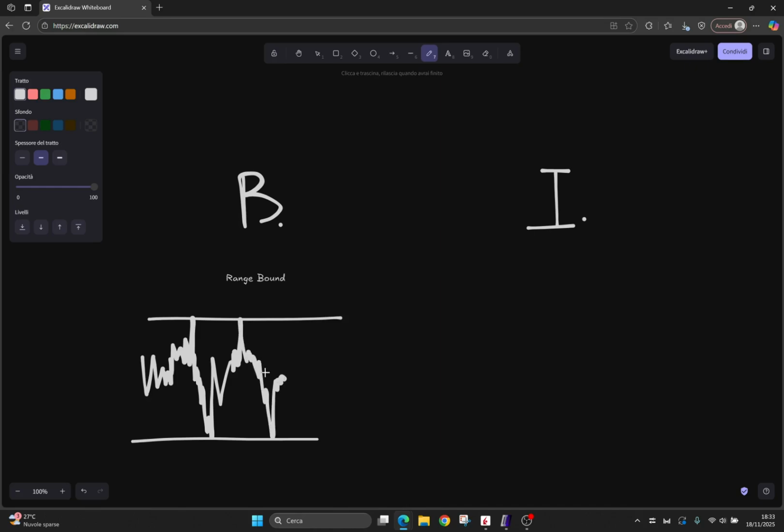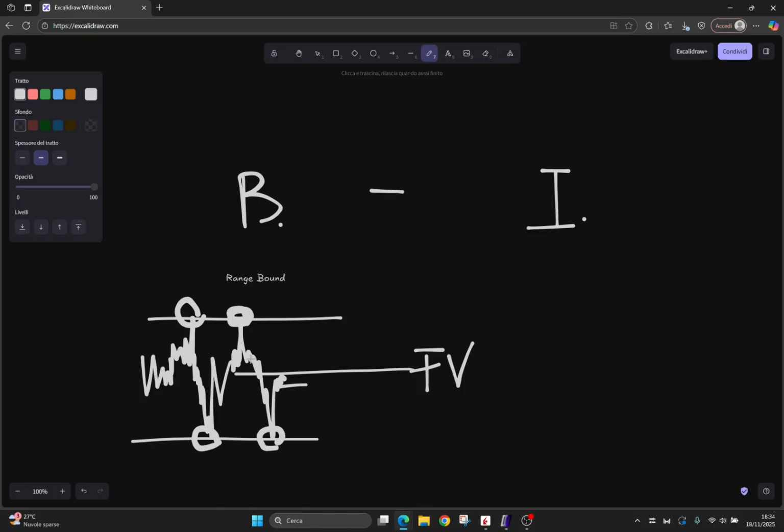What I want to do is not try to get long here and arrive here, because this is the reason why you take a lot of stop losses, guys. What I want to do is buy at a discount, sell when it's expensive, and always have a break even or a partial take profit at the fair value. Is it this simple? No, it's not this simple. You need to have proper confirmation.